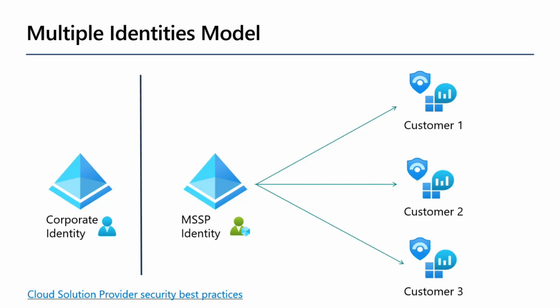And also, if you're supporting or planning to support government organizations or organizations that need to meet government compliance requirements, then this model is what you're going to have to follow, because certain regulations they have in place are going to prevent you from having corporate identities accessing customer data.